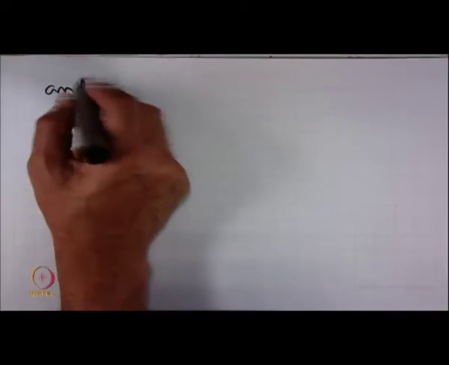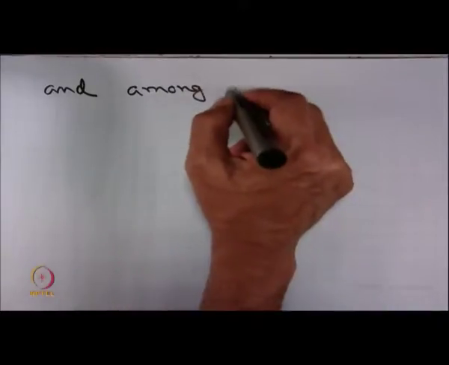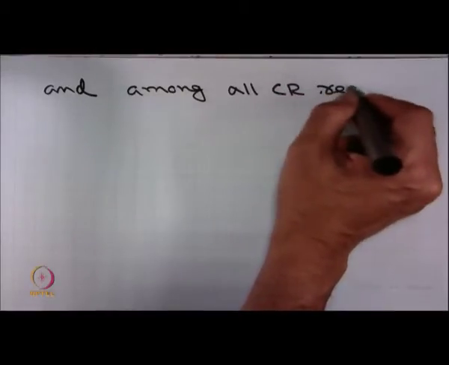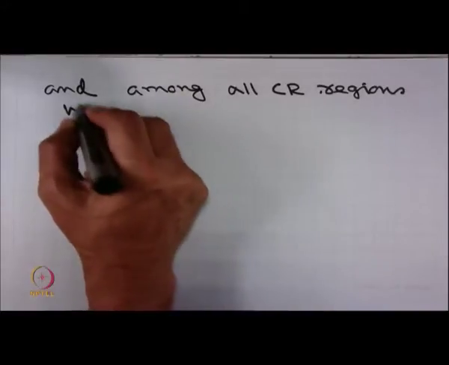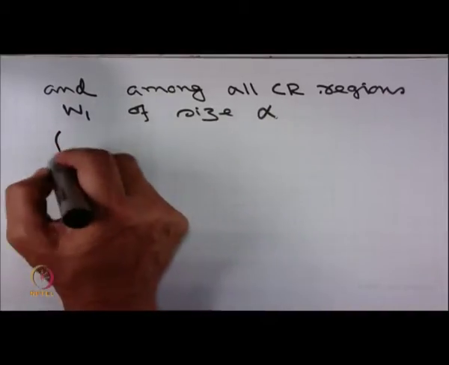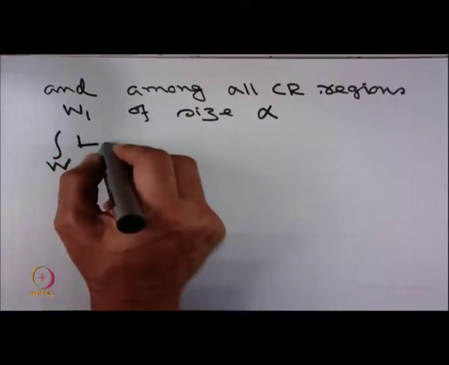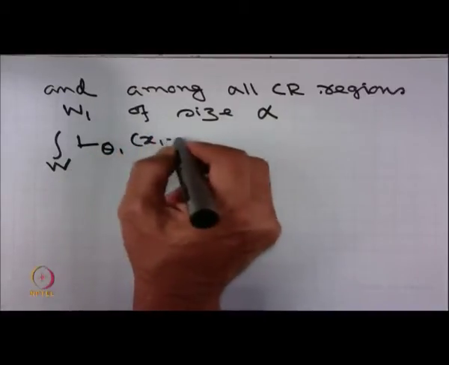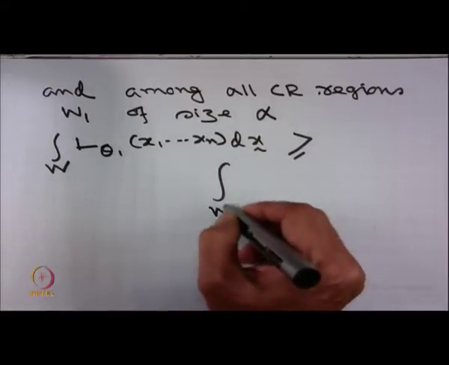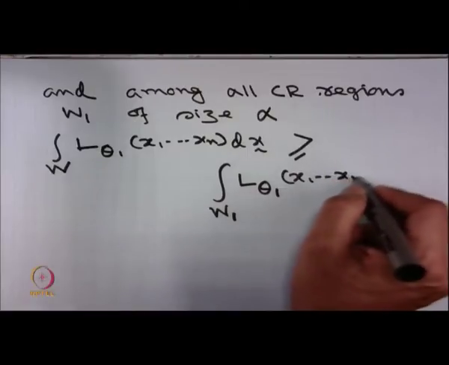And among all critical regions W 1 of size alpha, integration over W of L theta 1 of x 1 x 2 x n dx is greater than or equal to integration over W 1 of L theta 1 of x 1 x 2 x n dx.